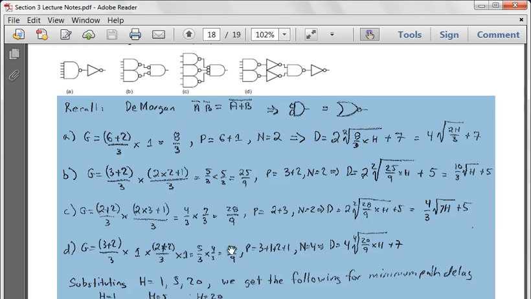So here we've already gained benefit by using NAND gates instead of NOR gates. Our parasitic delay, however, becomes 3 plus 1 plus 2 plus 1, so that becomes 7. So that's where the trade-off is. Number of stages is 4. So delay becomes 4 times the 4th root of 20 over 9 times h, plus the parasitic delay, which is 7.